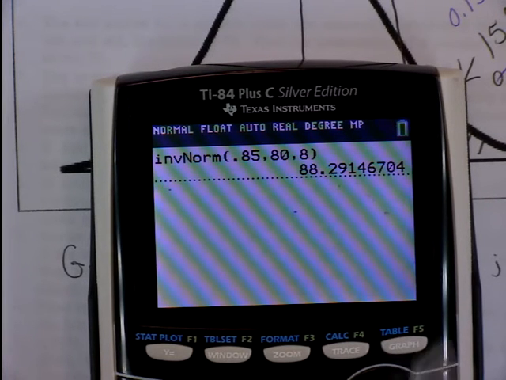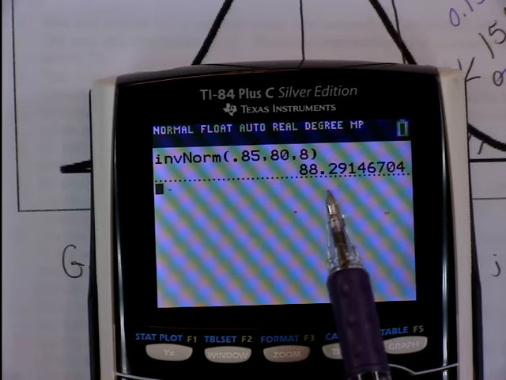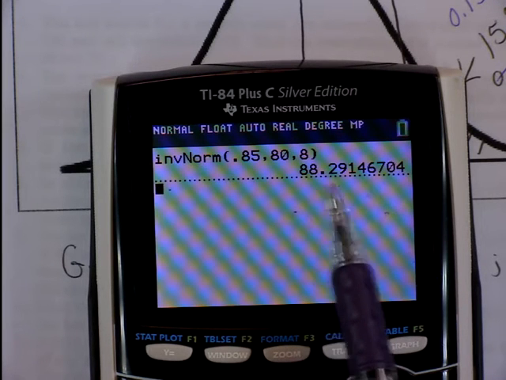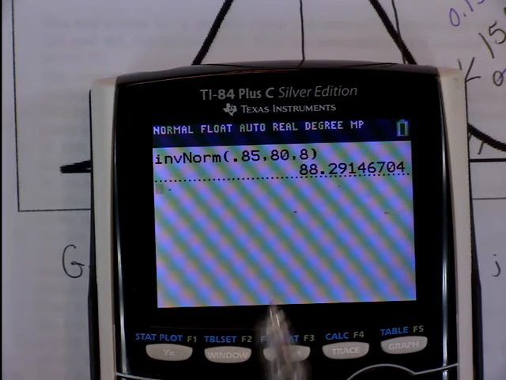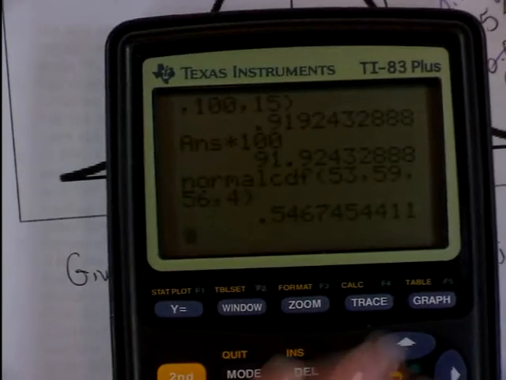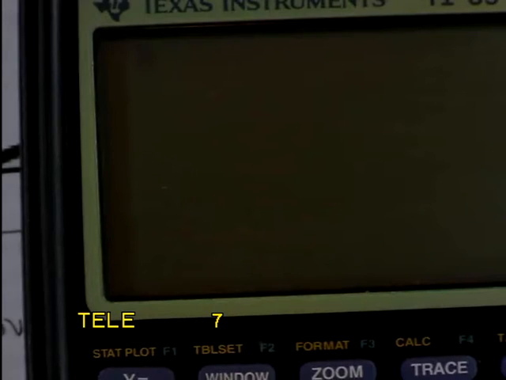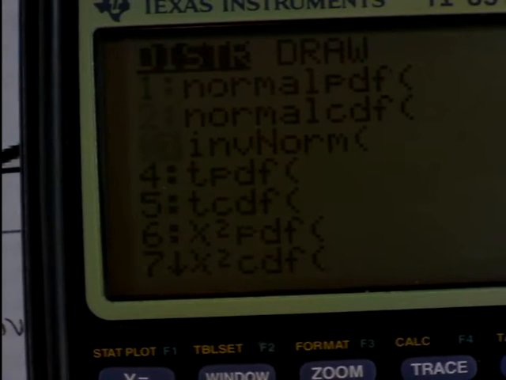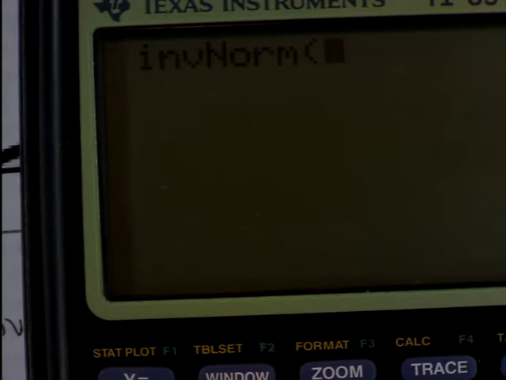So 88.29 is what they give you as the cutoff on the x-axis. And it is different from what we received by hand. So 88.29. With this calculator, you would do second variable, number 3, and you would put in 0.85, comma 80, comma 8.